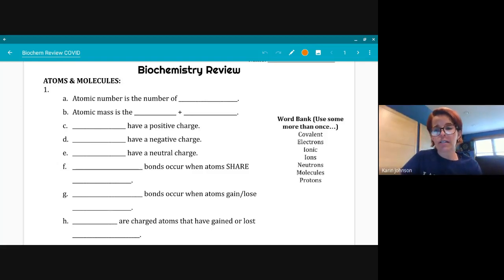I don't know if any of you have had your driver's tests taken away from you, but my daughter is having her 3rd behind the wheel today, right now, actually. She's coming home from that. And her test was scheduled for a couple of weeks away, so it never got canceled. So she actually gets to have her driver's test. I am very sorry for those of you that missed out on your driver's test.